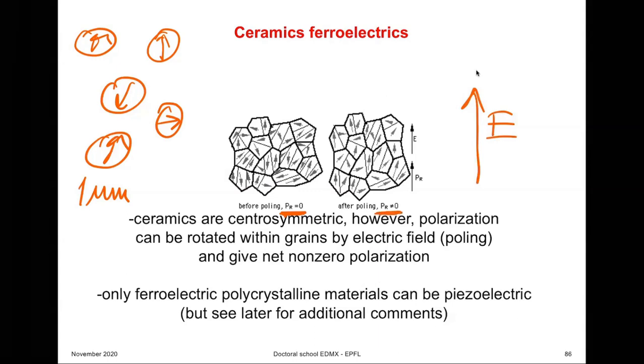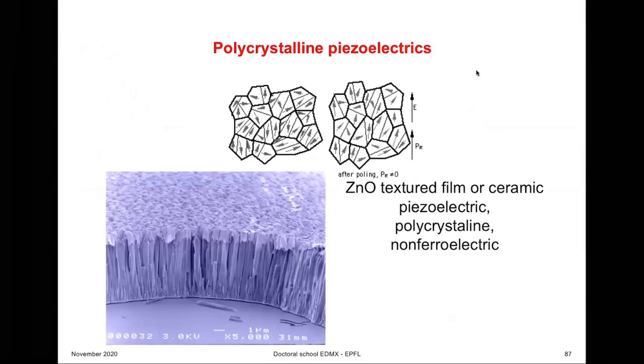It will not be as big as in a single crystal, but it will be non-zero. And such a poled ceramic can show piezoelectric effect. We will discuss this phenomenon of poling a little bit later, but I just want to give you this information here, because we discussed ceramics and that's important for our future considerations.